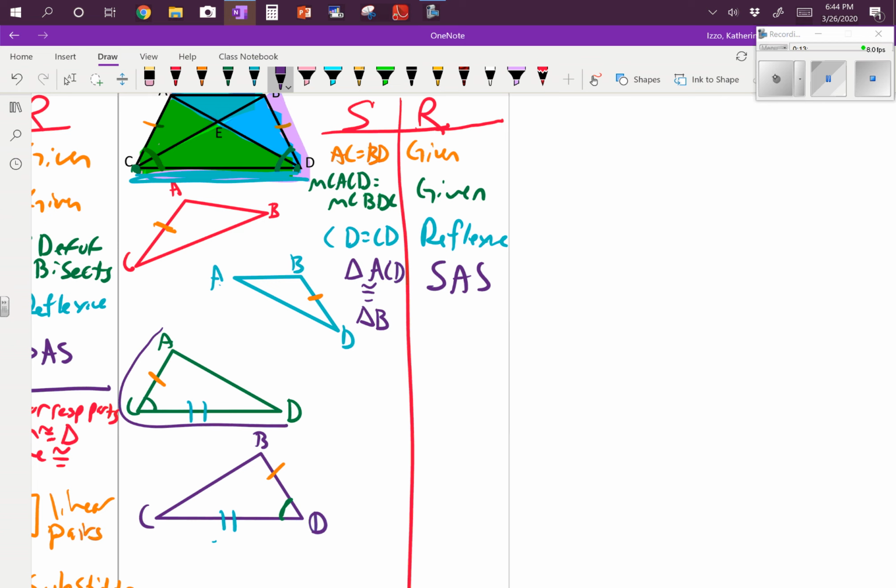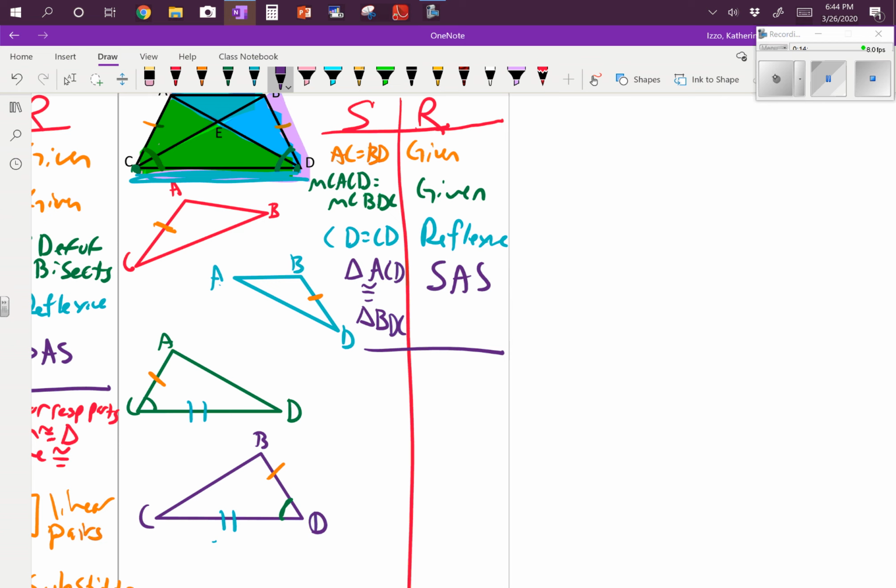I'm going to start with B and then DC because I go from orange to green to blue. Orange to green to blue. Make sure you stay consistent. So in this case, D and C have to flip because my triangles have reflected. That's what this whole reflexive side is doing to you right there. And at that point, we've proven the green triangle and the purple triangle, which is super exciting.